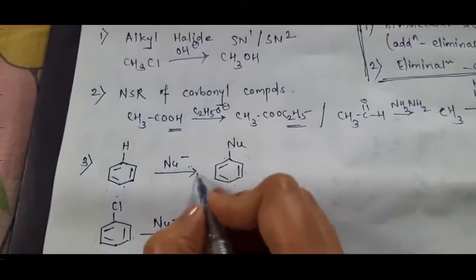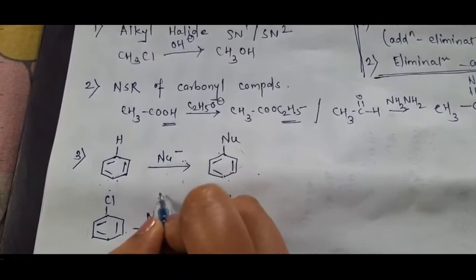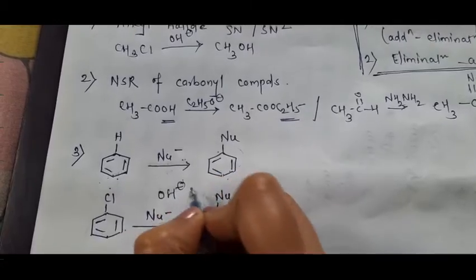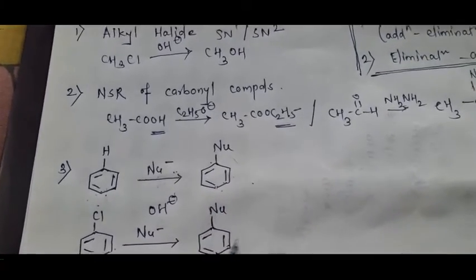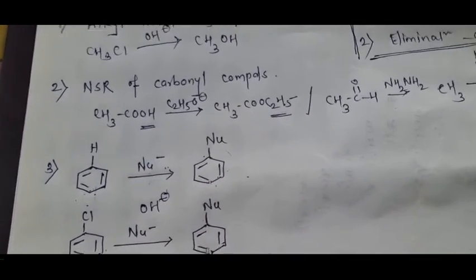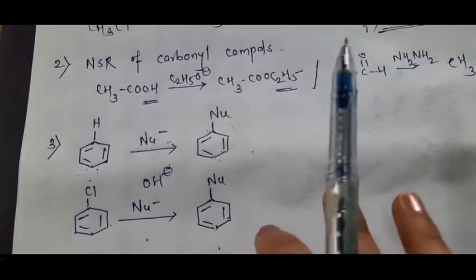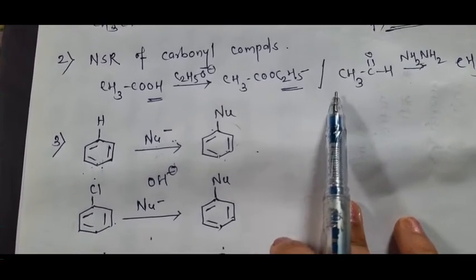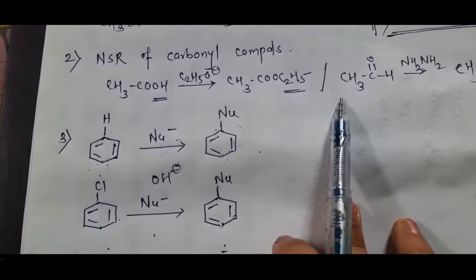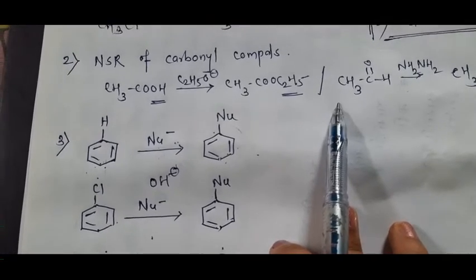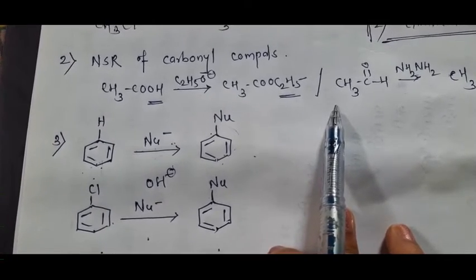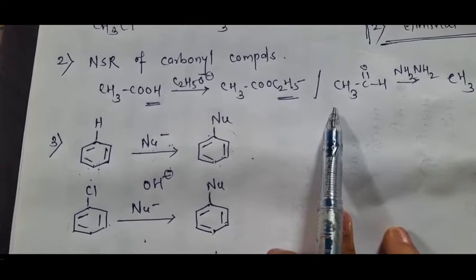Then definitely my nucleophile here has to be OH minus, and this is converted into the phenol only when this aryl halide is capable of undergoing this reaction. But this particular reaction proceeds very slowly, and ideally this particular reaction is not possible.